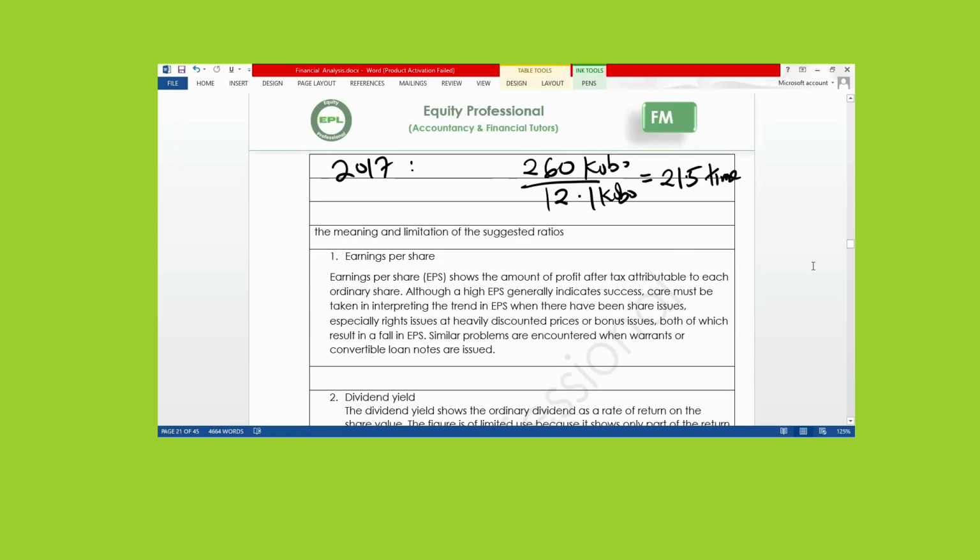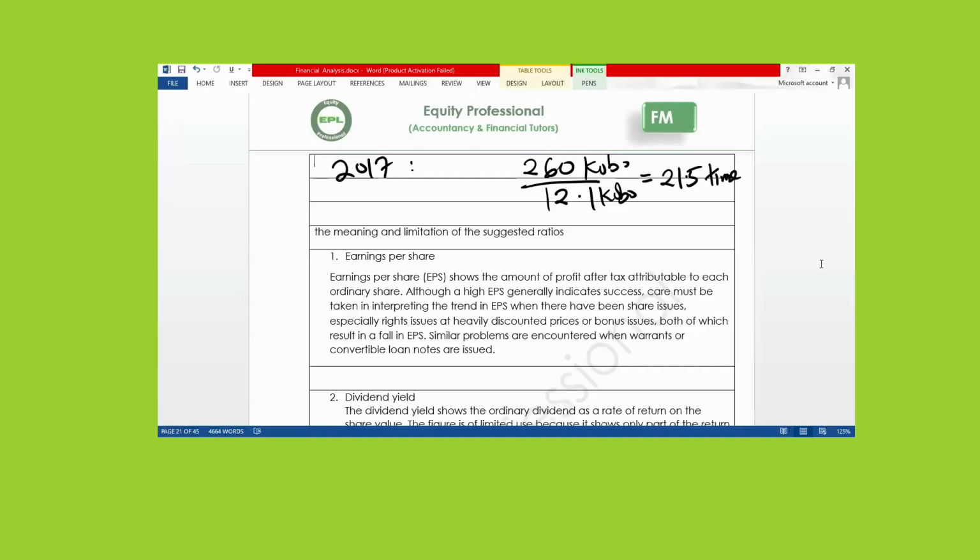Earnings per share shows the amount of profit after tax attributable to each ordinary share. Although a high earnings per share generally indicates success when it is rising, care must be taken in interpreting the trend, particularly where there have been share issues, especially rights issues at a discounted price, or bonus shares.